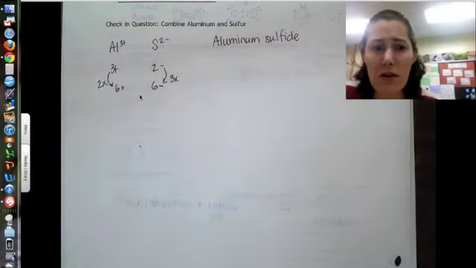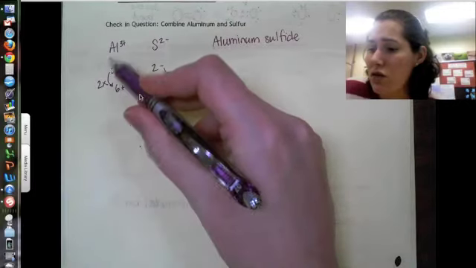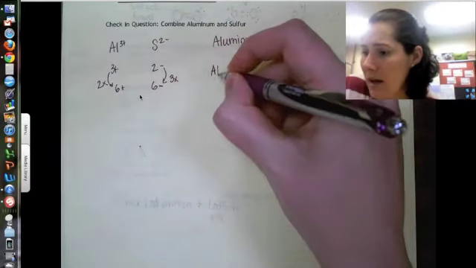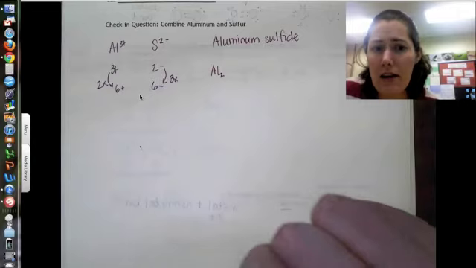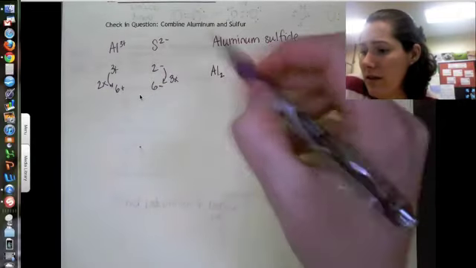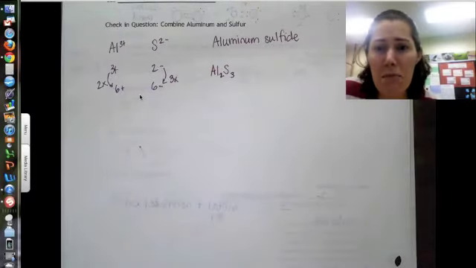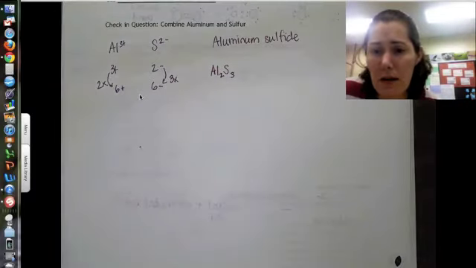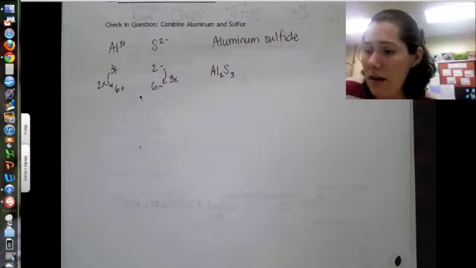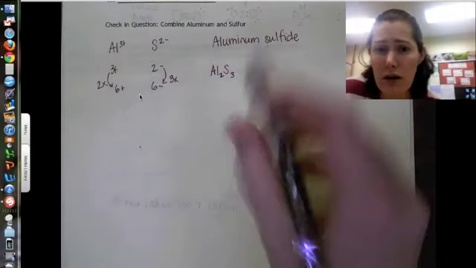And so what that looks like is we have 2 aluminum, Al2, and 3 sulfides, S3. And that is a balanced compound there with 2 aluminums and 3 sulfide ions, and those charges will balance out, and that's the correct name.